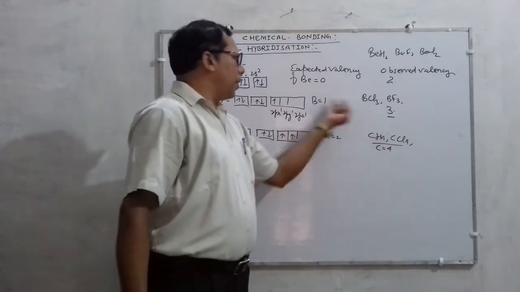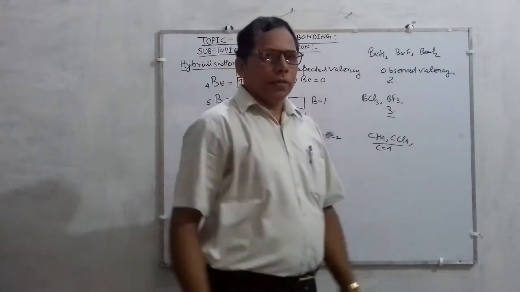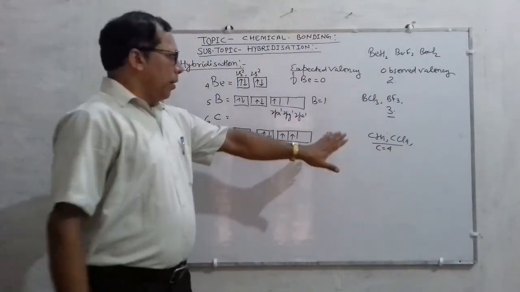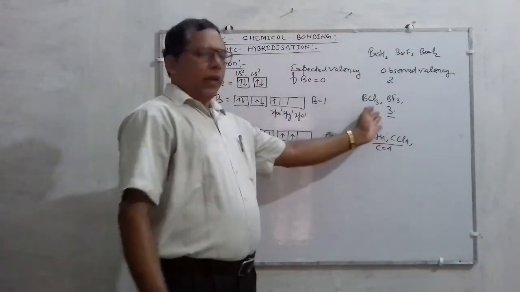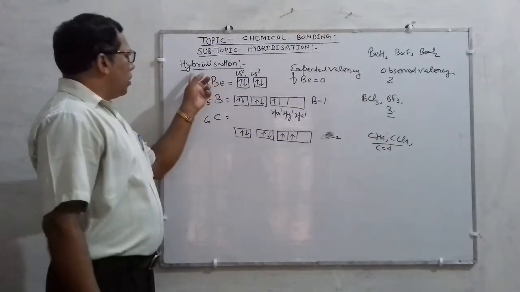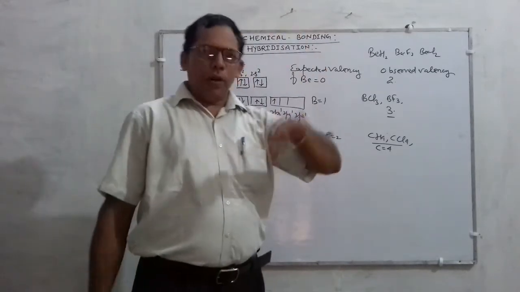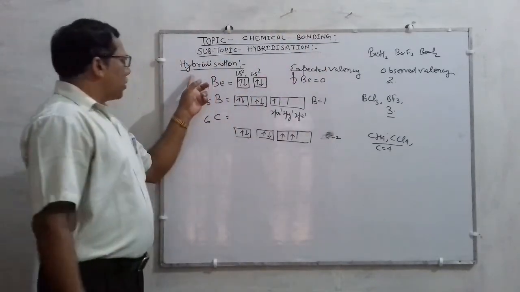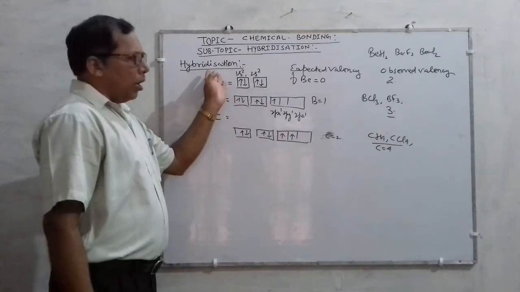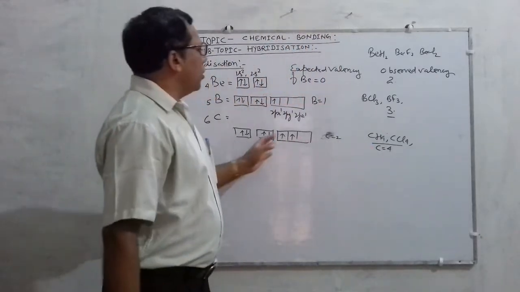These differences in valencies create many problems in bond formation, and to explain these points, Linus Pauling explained it in the form of hybridization.